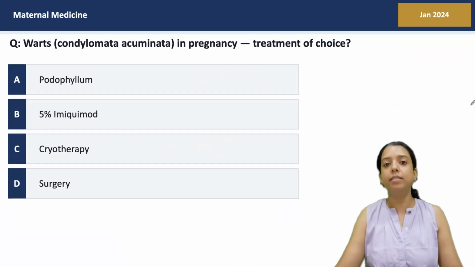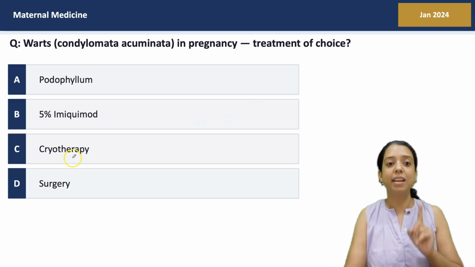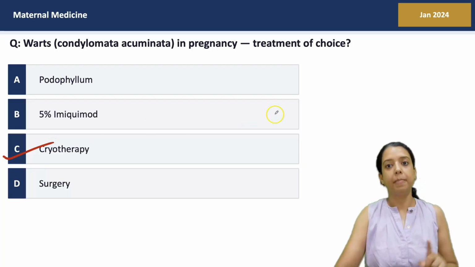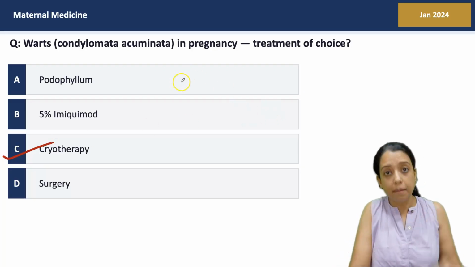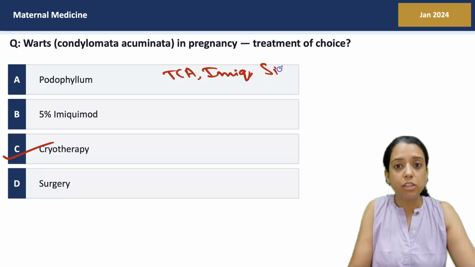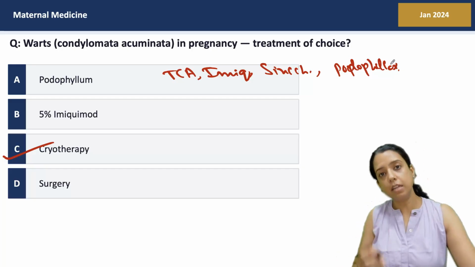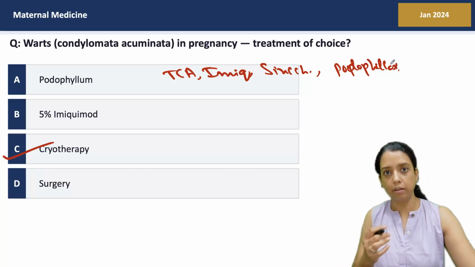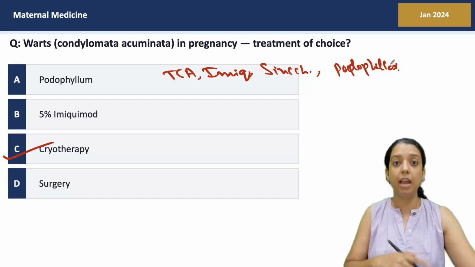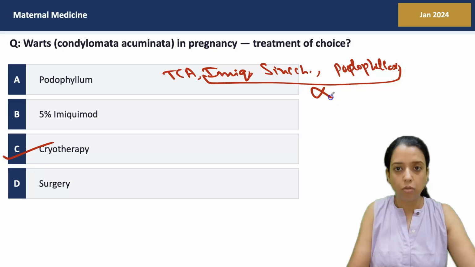What's the treatment of choice for warts in pregnancy? Warts can be treated by various chemicals, like trichloroacetic acid, imiquimod, then podophyllin, podophyllotoxin. Now remember, in any sensitive area like urethra, cervix, inside vagina, and in pregnancy, these cannot be used.